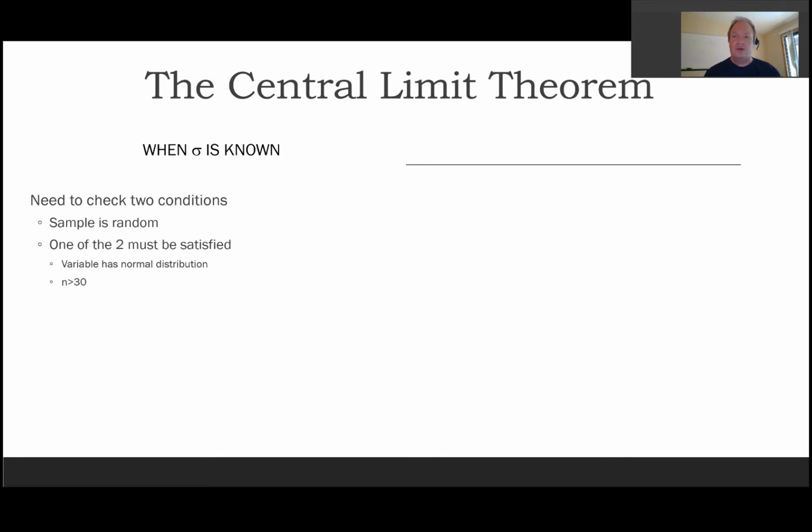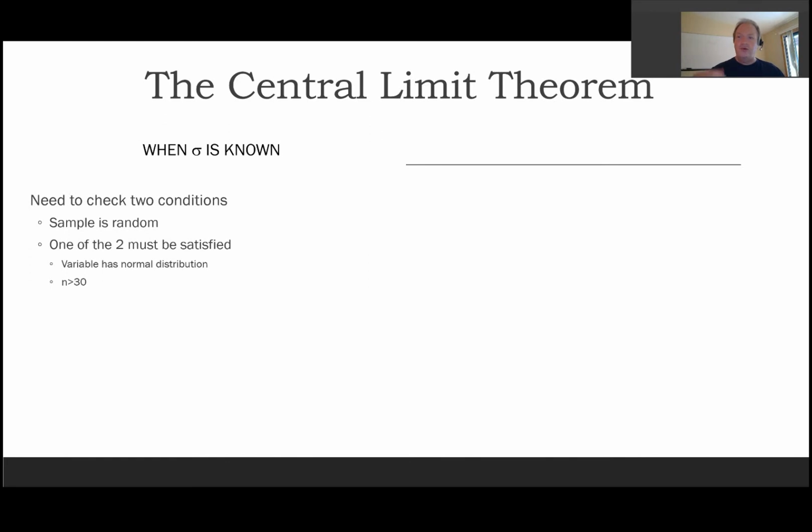So usually 30 is okay. Generally, a sample size of 100 pretty much guarantees that for most data sets, even ones that have pretty strong skew, you can still say the central limit theorem is satisfied. But for our purposes, we're going to assume that 30 is okay.